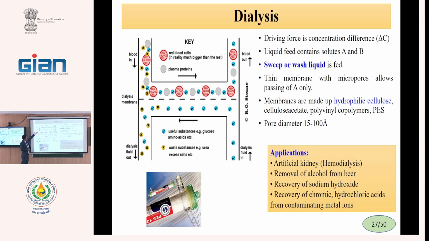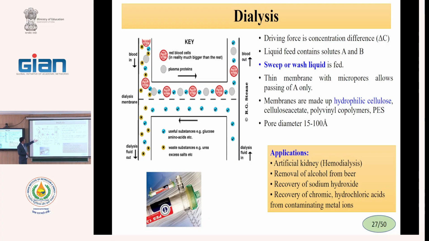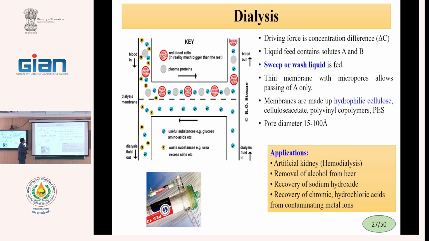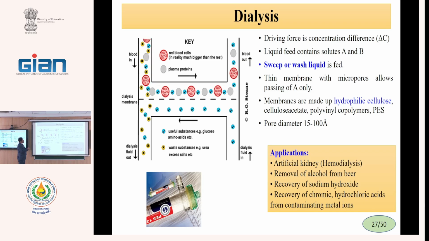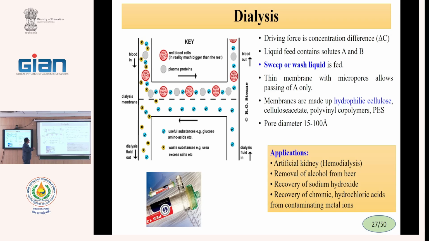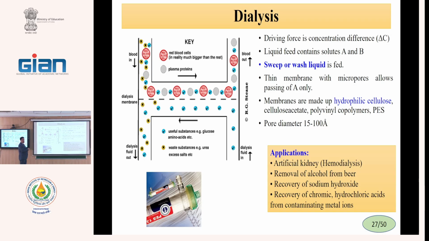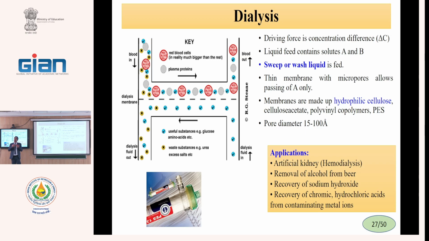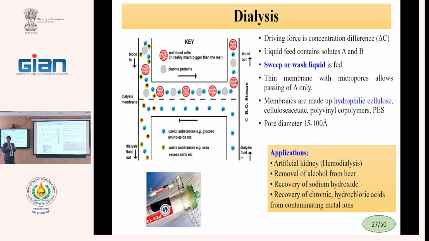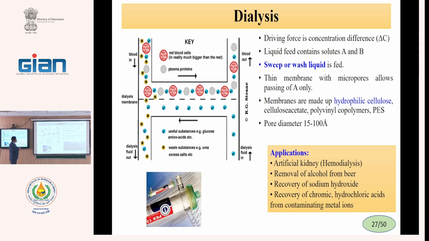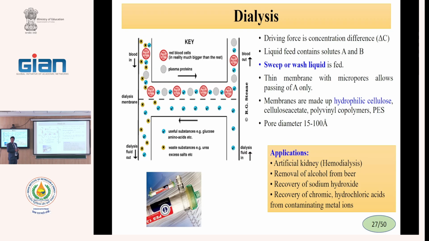This is the feed flow, and this is the receiver or dialysate. When we have these molecules or ions on the permeate side, we have no delta C, because the concentration of the blue ones is similar to the permeate side. Therefore, these blue ones do not permeate.